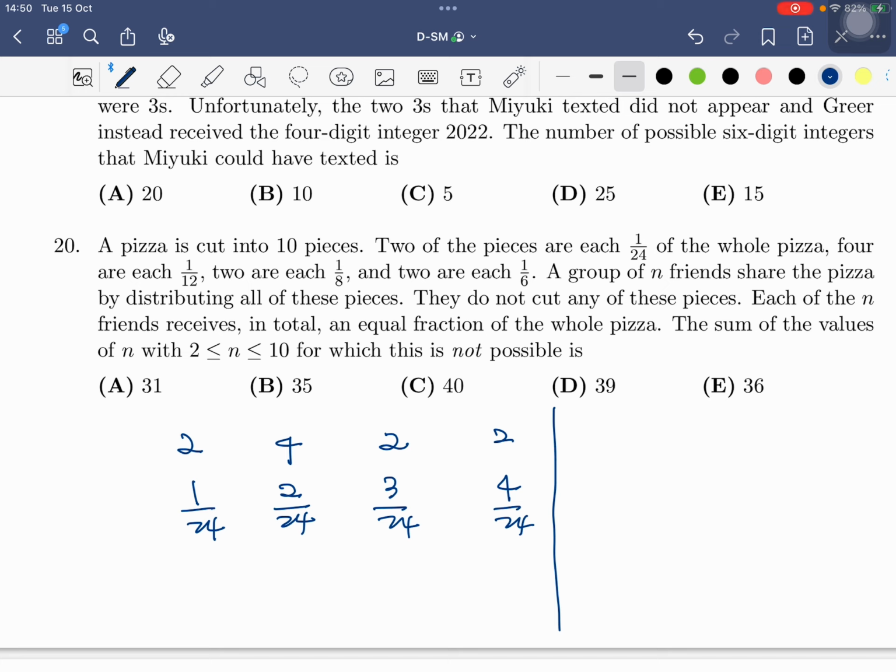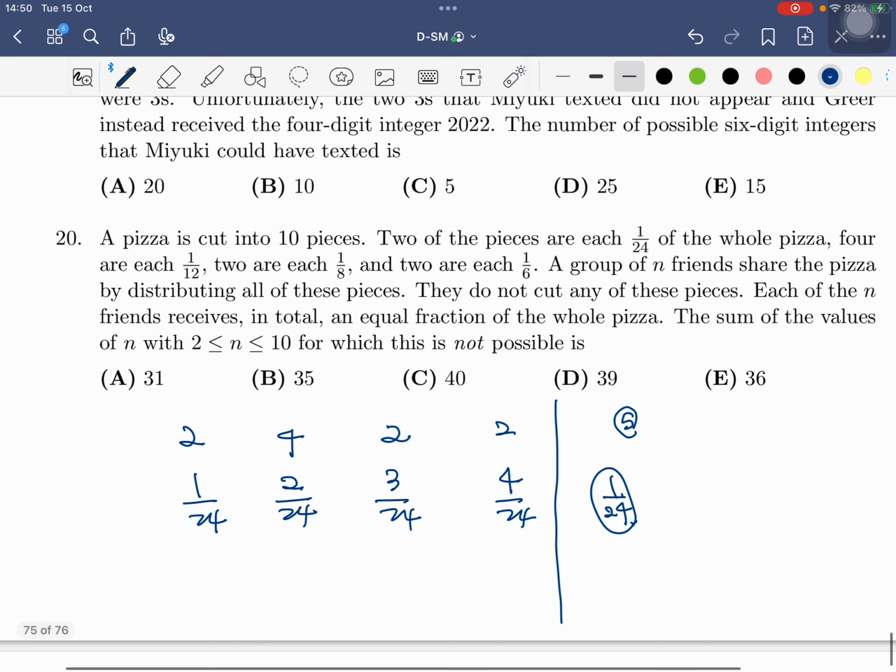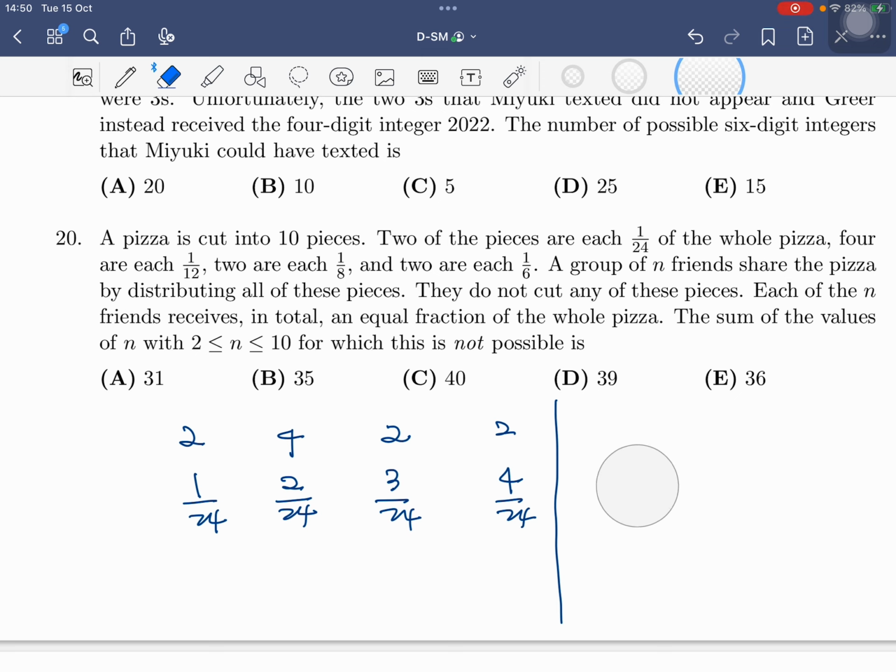For example, we cannot distribute to 5 friends. How can we distribute this 20, just 1 over 24, maybe this is the smallest unit? How can we distribute to 5 friends with a 24 denominator?